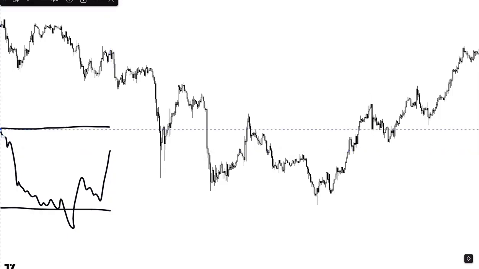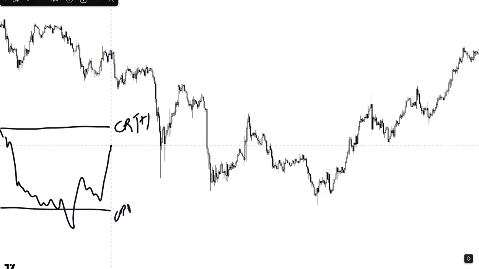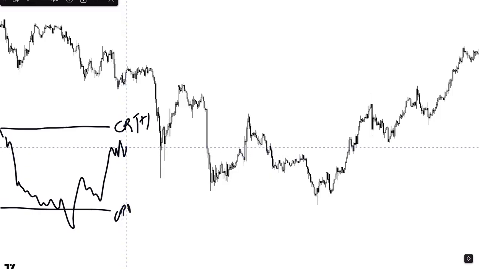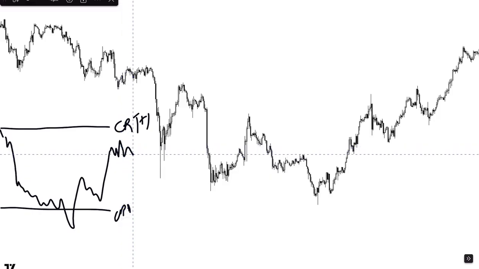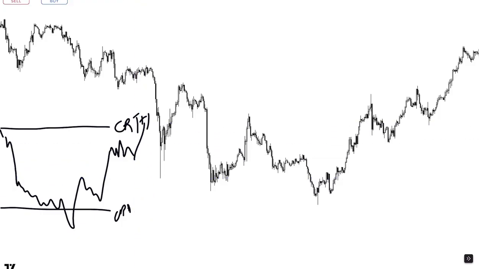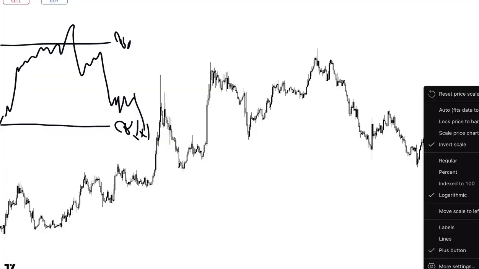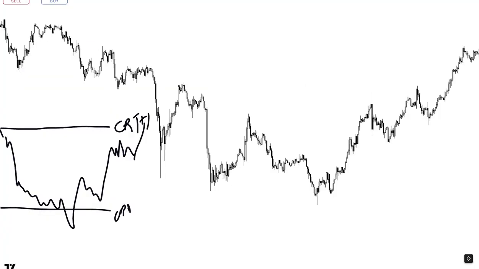Before reaching the target, CRT high for example, they wiggle around, they range, they turtle soup, and that right there is the kiss of death turtle soup, right? Which then pushes price to the target, right? So the last turtle soup before the target is the kiss of death turtle soup, and vice versa, inverse kiss of death turtle soup, right?